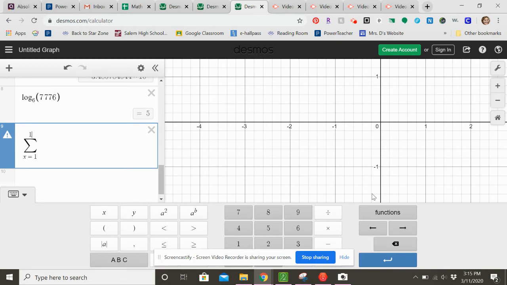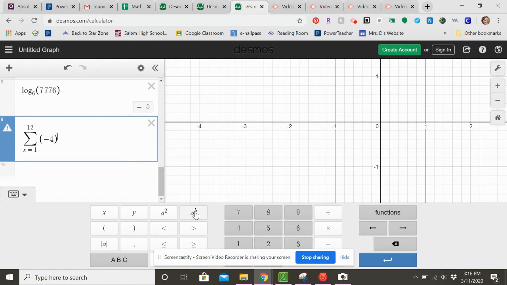And then I'm just inputting my lower and upper number and typing in the function exactly how it was given to me. Now when you write in the exponent, a lot of students get frustrated here. You just have to put that x minus 1 in parentheses. Voila, you'll get the same answer we got by using the formula.